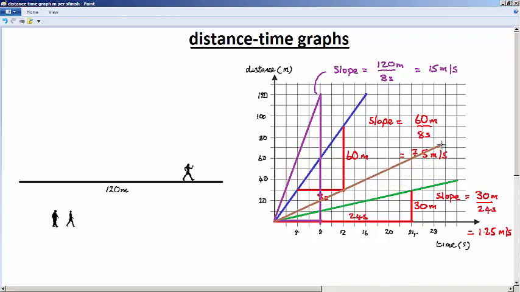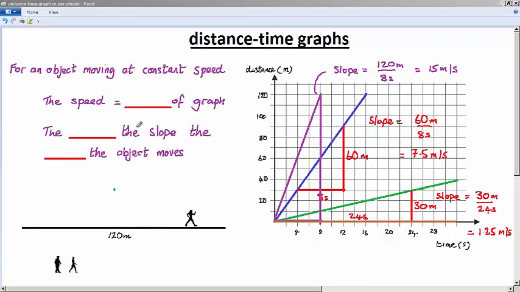The steeper the graph, the faster the object is moving, and vice versa. The more shallow the slope of the graph, the slower the object is moving. And just to make this point, that when the graph is exactly horizontal like that, then the object is at rest.